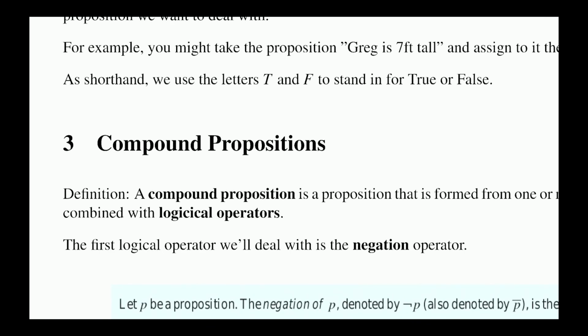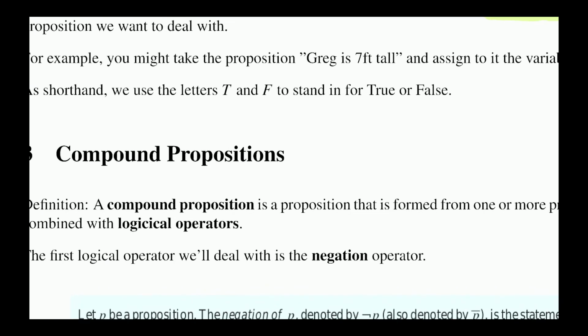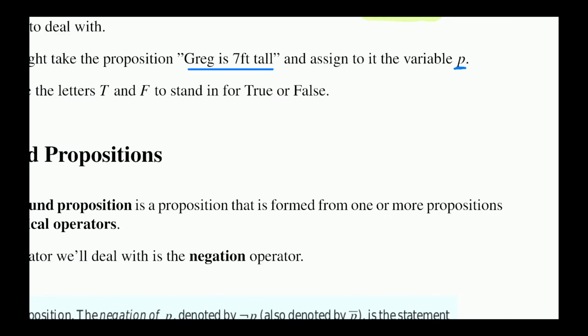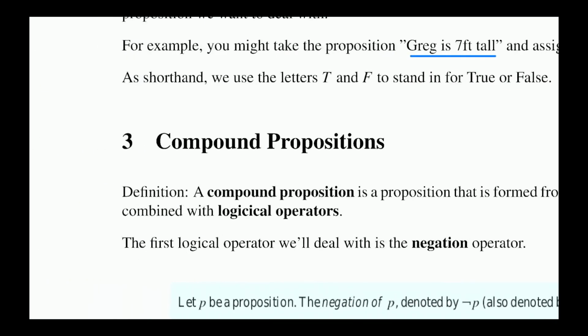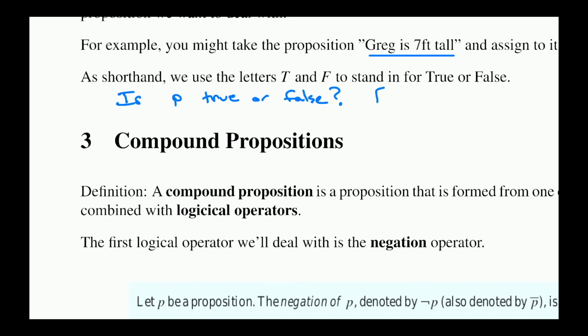Like we say right here, Greg is 7 feet tall, and then we can assign it to the variable P, right? And then you could say, is P true or false? You don't have to write out the words Greg is 7 feet tall anymore. You can just refer to it as P. So is P true or false? And of course the answer is false, because I'm Greg and I am not 7 feet tall. I am in fact, what am I?